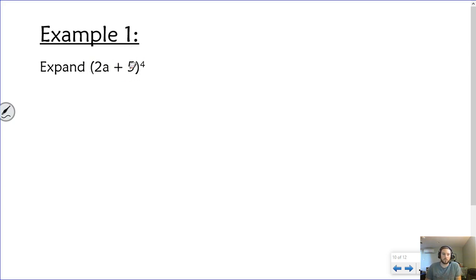So we're going to use these same rules where the number of terms is going to be 1 more than the power. So we're going to have 1, 2, 3, 4, 5 terms here, right? But then what's going to happen is that we're going to take a look at the 2a as the first term of my binomial, and 5 is the second term.